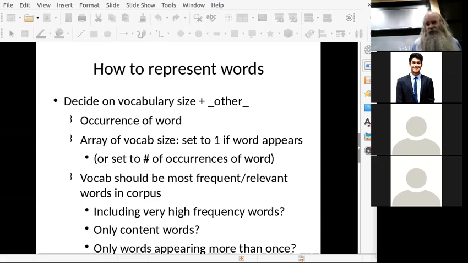And actually there might be a few cases where if the does not appear, there's something weird going on, and that might be useful to identify how that document is different from everything else. You could say, I'm only going to do the content words, and that is also sometimes worth considering. And you can do that, or you can in fact have more elaborate ways of selecting that vocabulary.